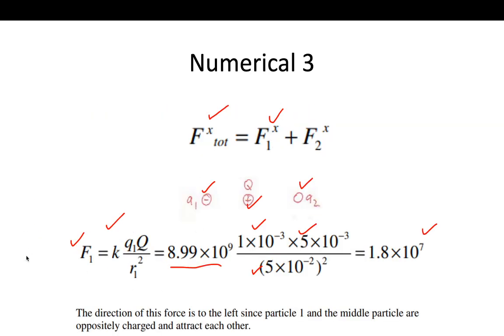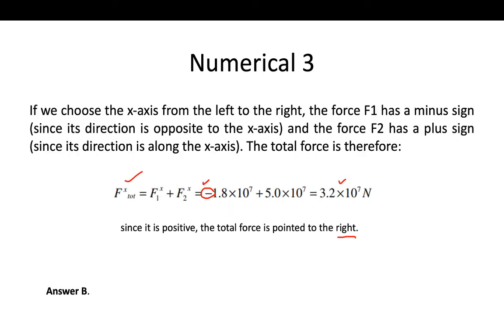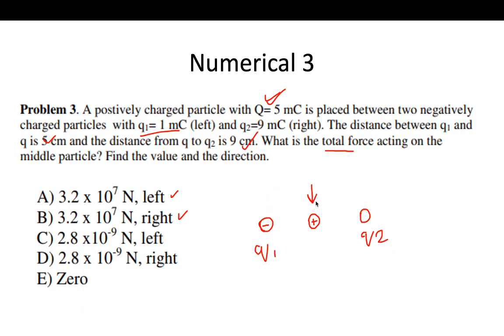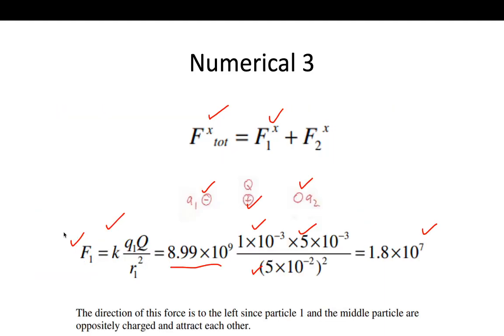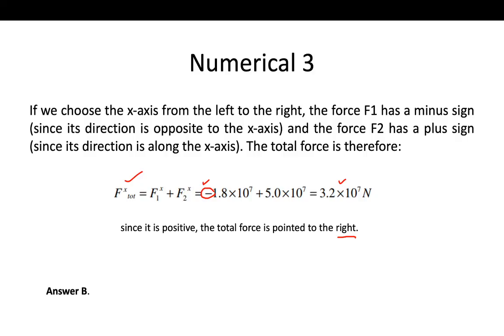Sometimes you may get confused about whether we have to write the minus, or how we select the right answer. For example, if I put plus here, what will be the answer? The answer will not match any of these. This means you are making some mistake.